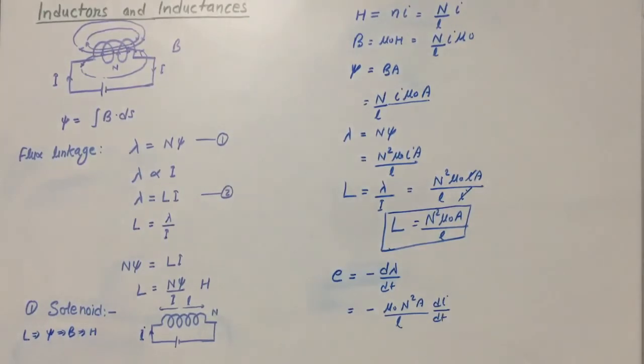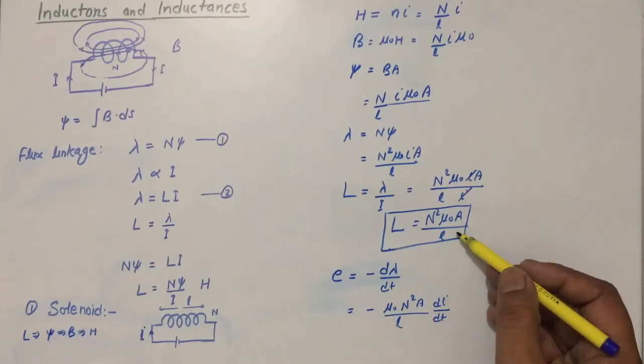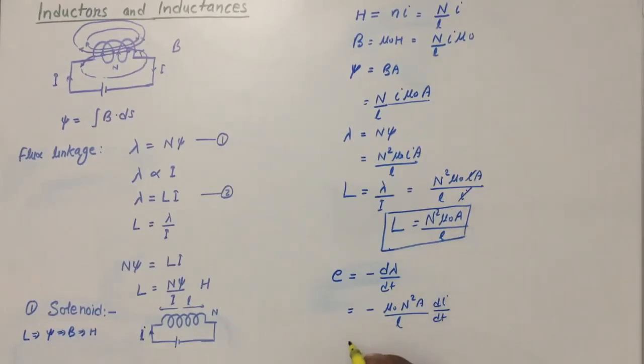This can be written as inductance. So we can write EMF will be minus L di over dt. This is the EMF induced in an inductor by Faraday's law of electromagnetic induction.